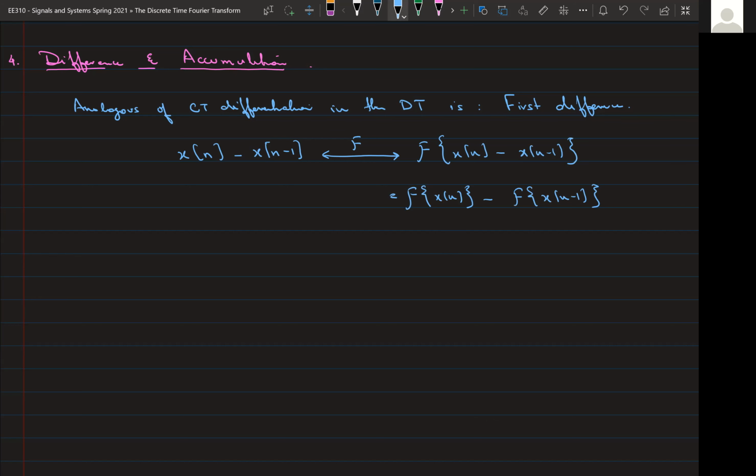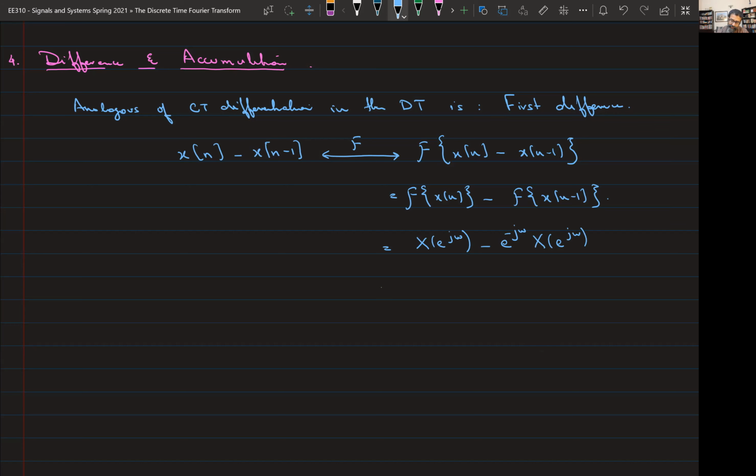Yeah, that's what I was saying. And the Fourier transform of x[n] is X(e^{jω}). And the Fourier transform of x[n minus 1], you go to the time shifting property where n0 is equal to 1, and this is e^{-jω n0}, but n0 is 1, so that's there, times X(e^{jω}).